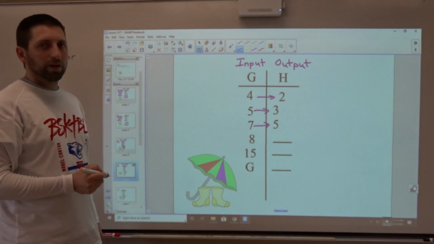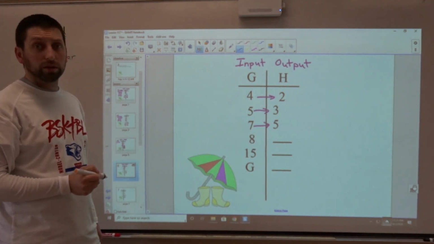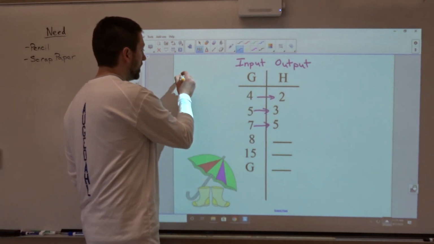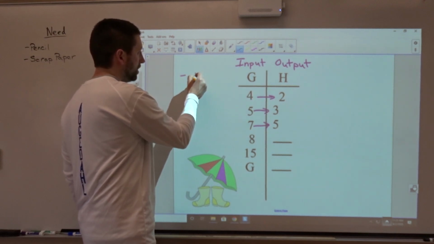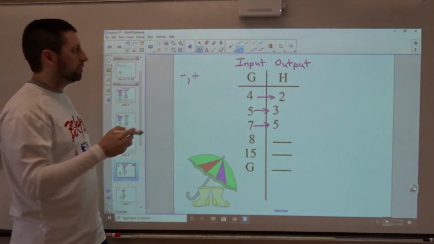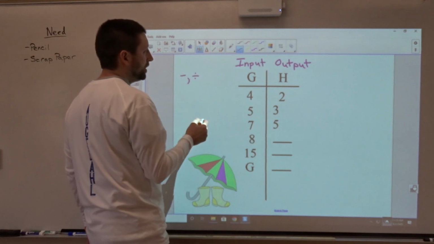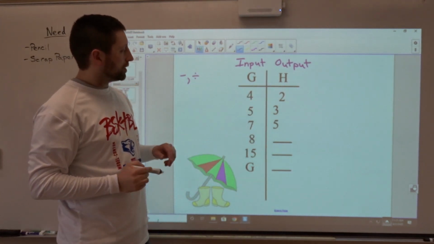Well, are we going down by the same amount every single time, or are we possibly dividing into equal groups? Because we're going down each time, our options are subtracting or dividing. So we know what G is, and we know what H is here.